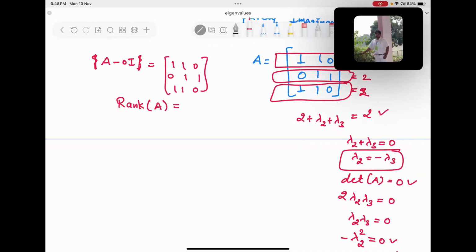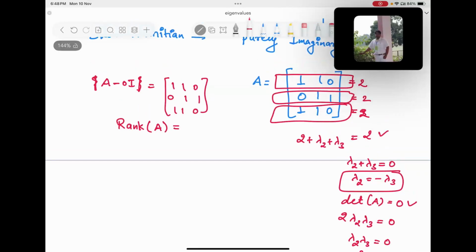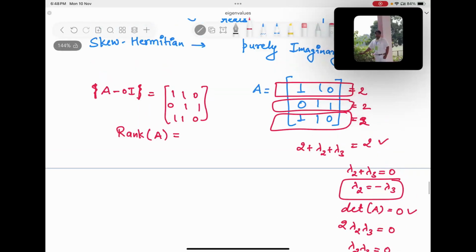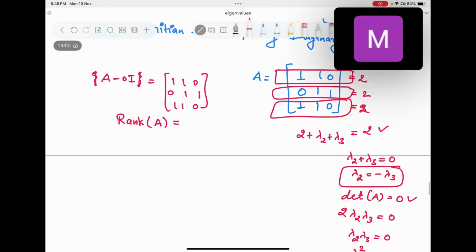What is the rank of this? 1 or 2? It cannot be 1, because there are two linearly independent rows. So the rank is 2. The rank cannot be 3, because 0 is an eigenvalue of this matrix A, so the rank has to be less than 3.